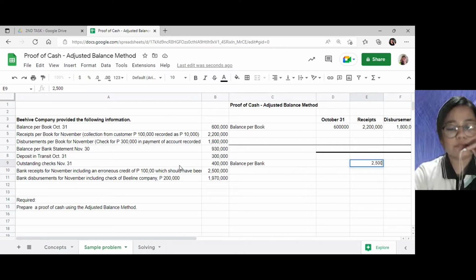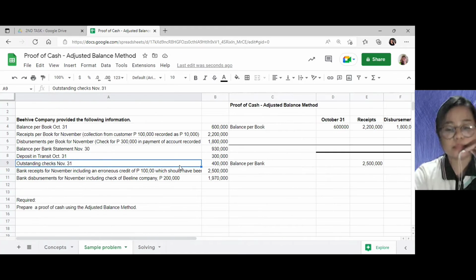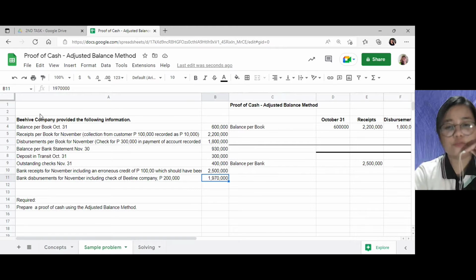Next is our bank disbursement in the amount of 1,970,000. Take note, there is additional information that this 1,970,000 includes a check to Beeline Company. Another bank error in the amount of 200,000, which will be reviewed later.